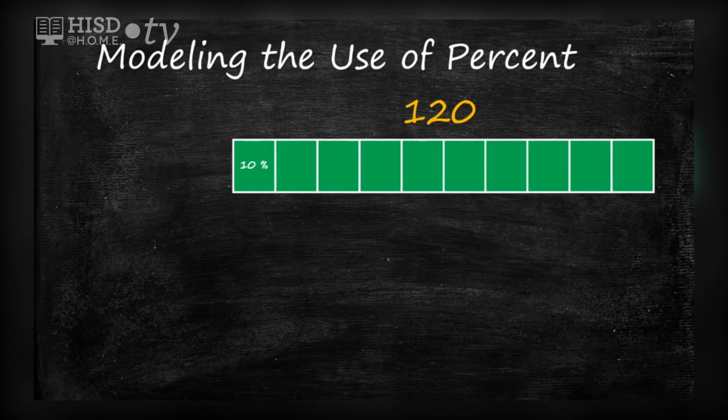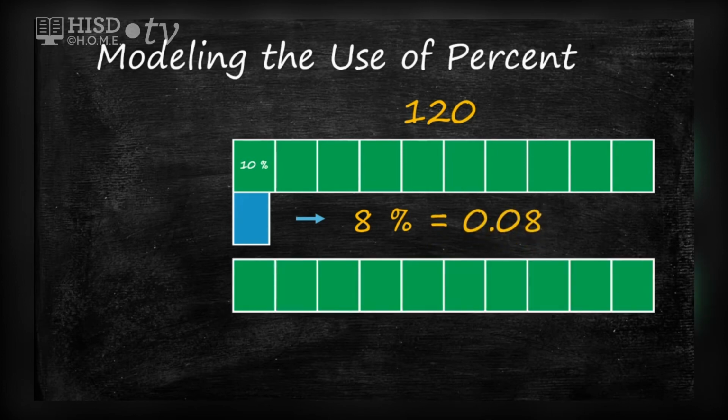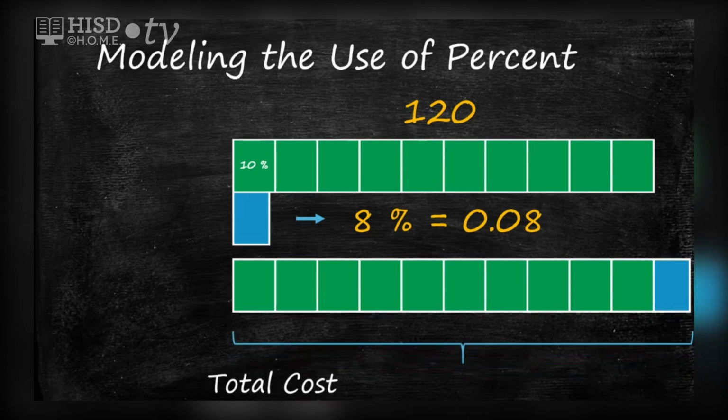And then we know that the tax is equal to 8%. And now we know that this is the same as 0.08. And basically, in order for us to find out the total cost, we just have to get the 120, and at the end we are going to add the 8% in order for us to find the total price.